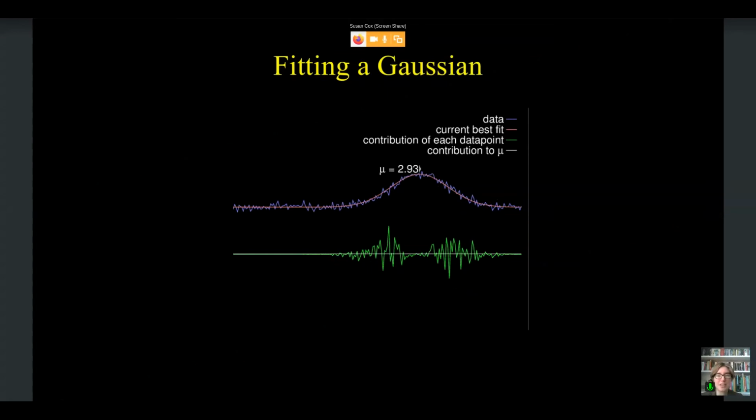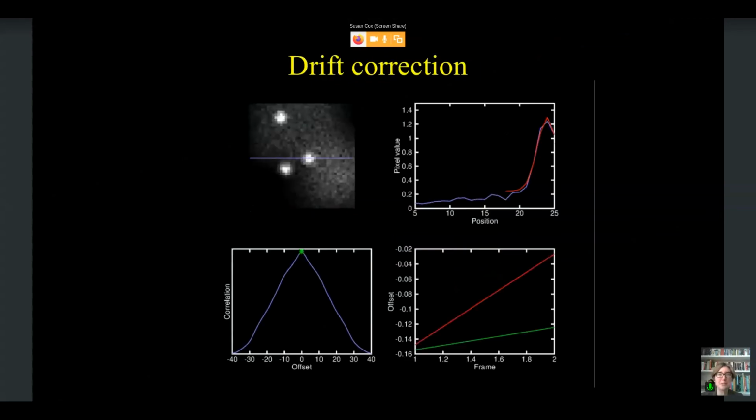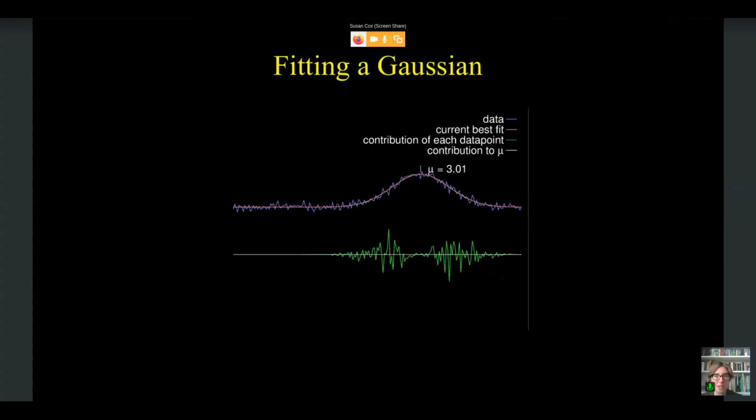And as you can see, I'm getting a better and better fit where my error is getting smaller over time. And eventually I find a mean value, which is pretty accurate. It's where you would think that the center of the peak is. So fitting a Gaussian is very accurate. It's very fast as well because of certain properties of a Gaussian that let you do the fit very fast.